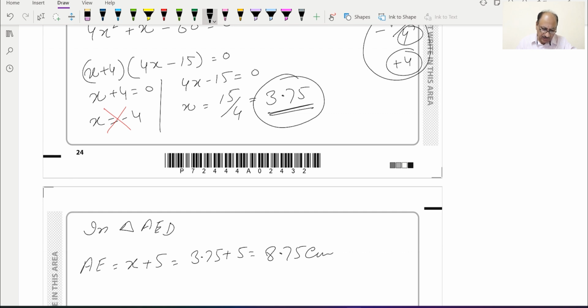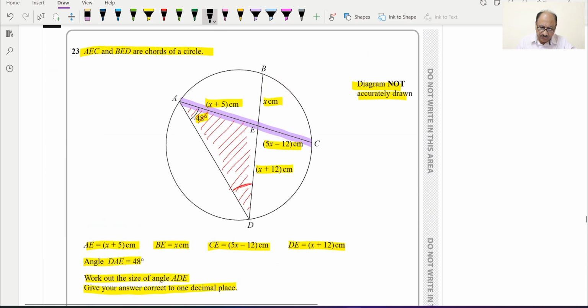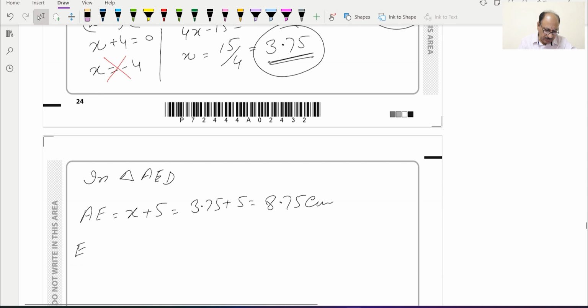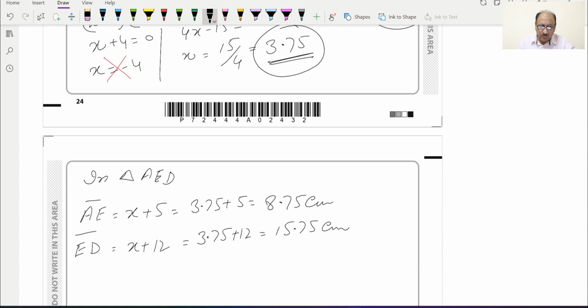The other length is ED, which is x plus 12, so 3.75 plus 12 is equal to 15.75 centimeters. So we found both values.